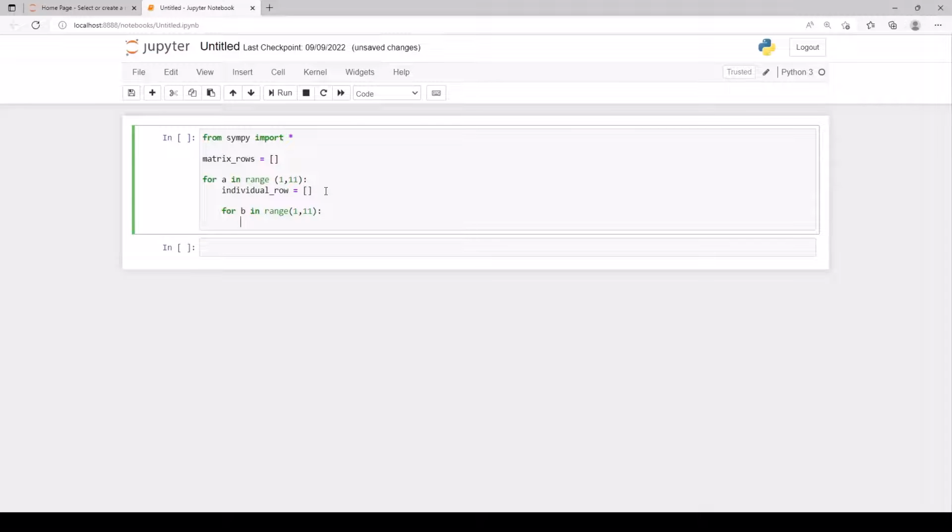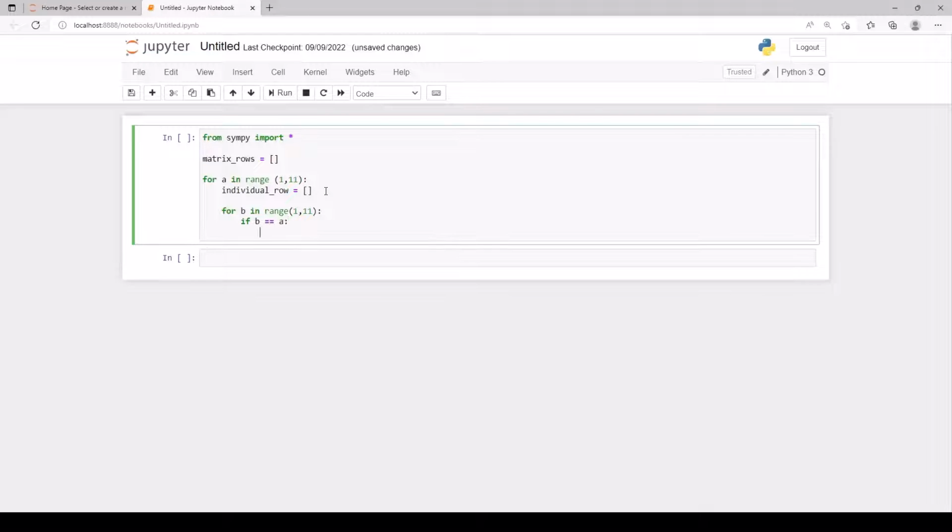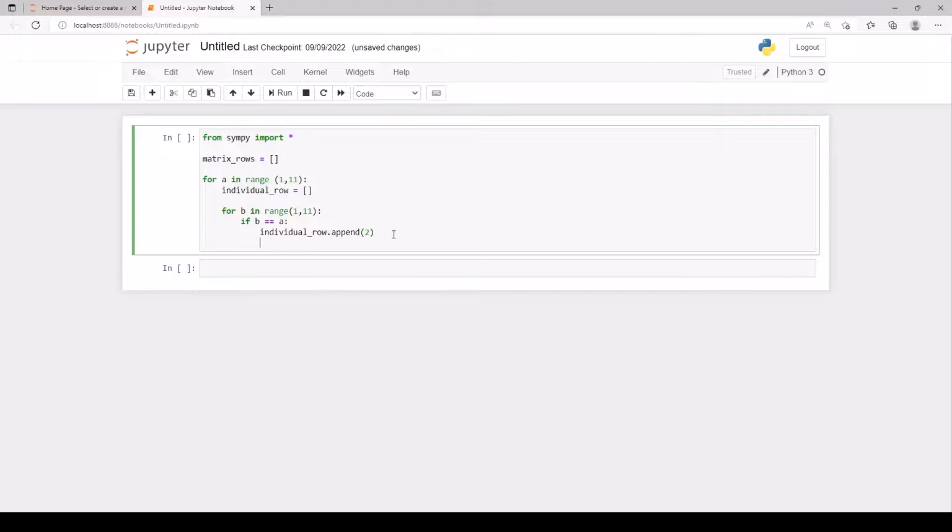I'm going to say that if it's a diagonal element, then it's equal to 2. So if B is equal to A, which represents row 1, column 1, or row 2, column 2, and so on, then I'm going to add 2 to that row: individual row.append 2. So this is basically saying if it's a diagonal term, I'm adding 2.